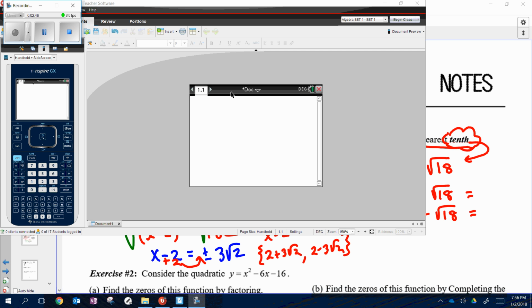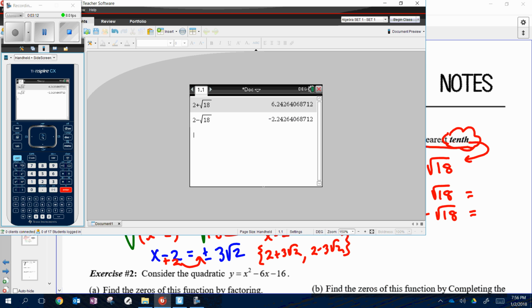Okay, so here's my calculator. I'm going to hit 2 plus the square root of 18. And then just to be on the safe side, to type the same thing, I'm going to highlight it and hit enter and backspace. Oh, come on, calculator. Delete that plus and change it to a minus, and then hit enter.